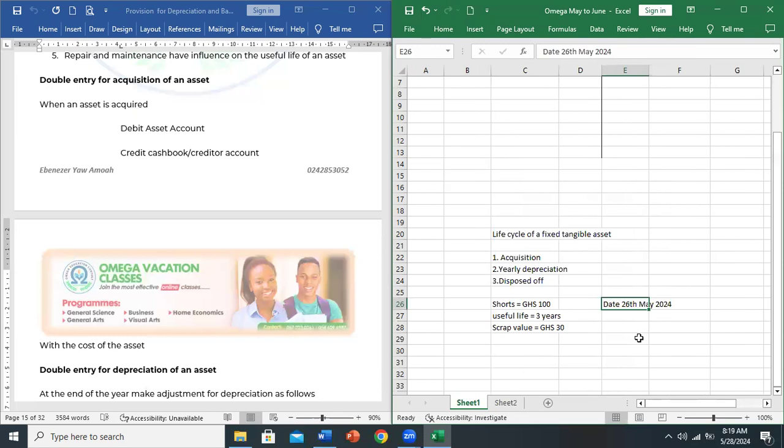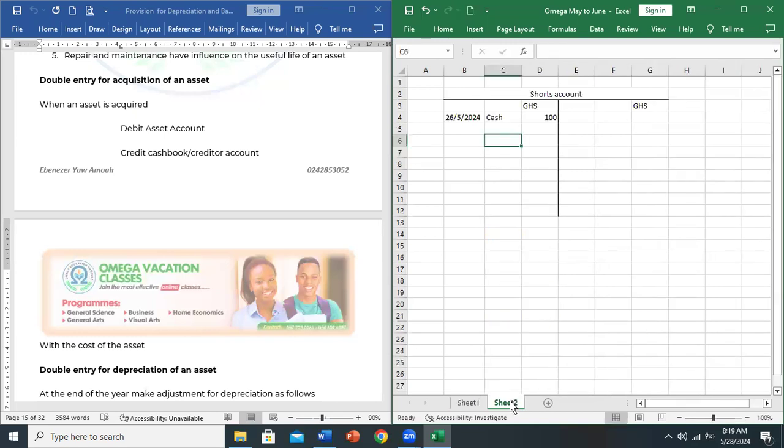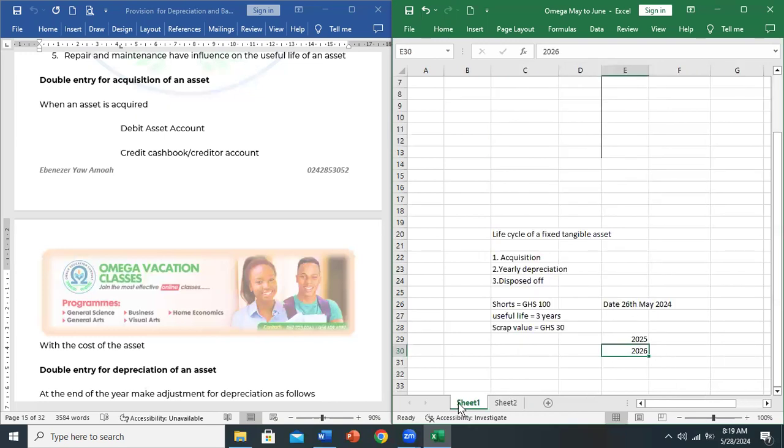So all other things being equal, it means that she's going to use it in the year 2025 as well as the year 2026. Okay, so well, the date is an assumption. When we get a classical example, you would realize that as you use the asset and go into those years, it makes realistic sense.